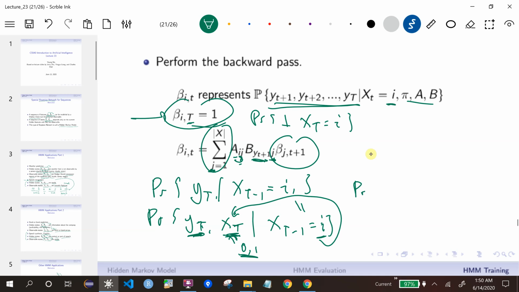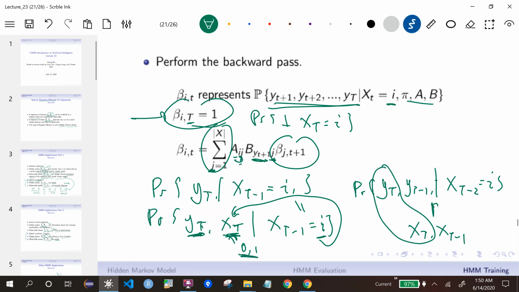And suppose we go one step further, say, what's the next one? T minus 1, and given y_{T-2} is i. Then again, we're going to add x_T and x_{T-1} here, and we're going to loop through all possibilities. But we know this already from this beta large T minus 1. And then we can do this recursively.